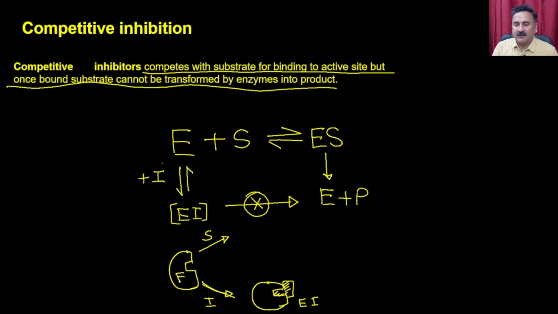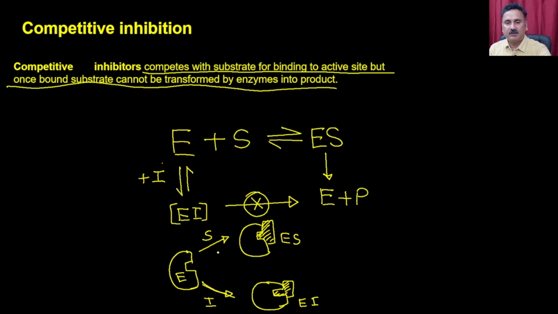When it interacts with the substrate, it binds in the same way, and this is the enzyme substrate complex. So the inhibitor is competing with the substrate for the same active site, and that's why this type of inhibition is called competitive inhibition.